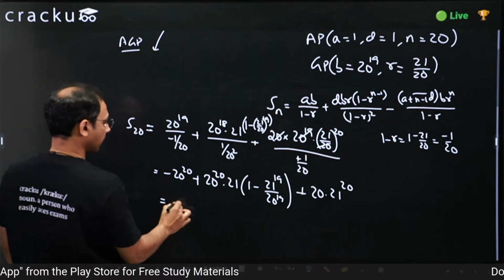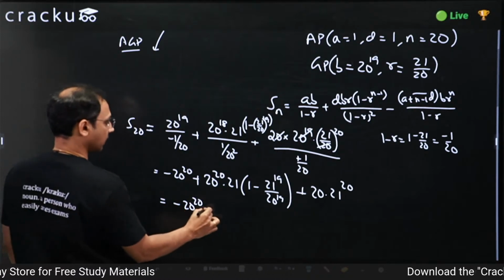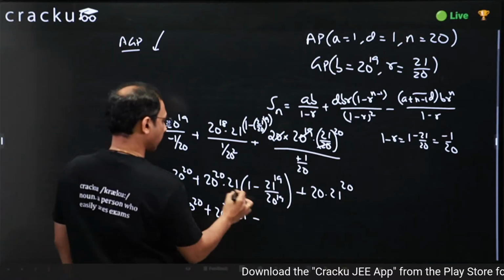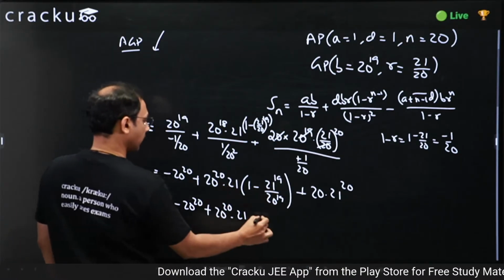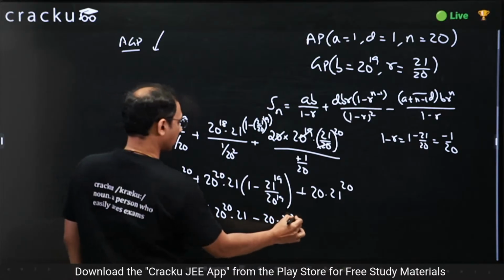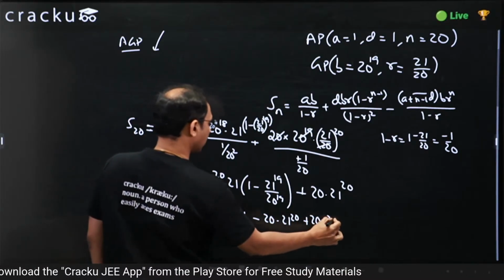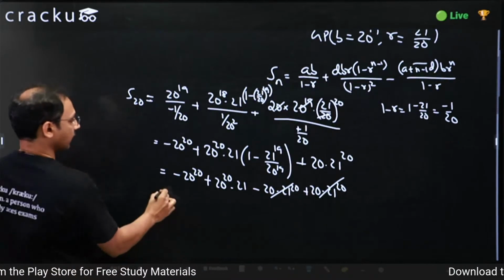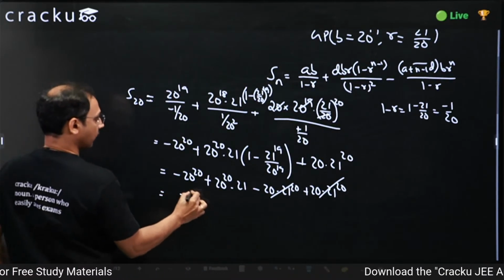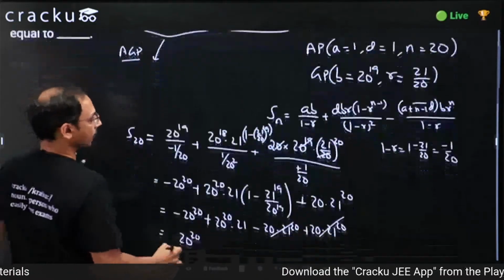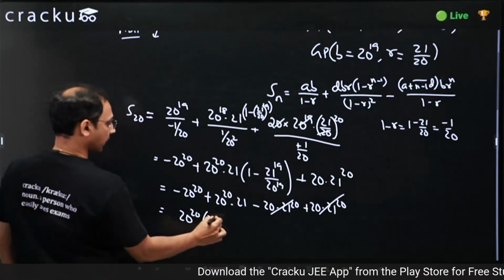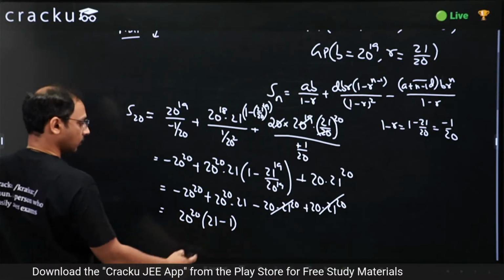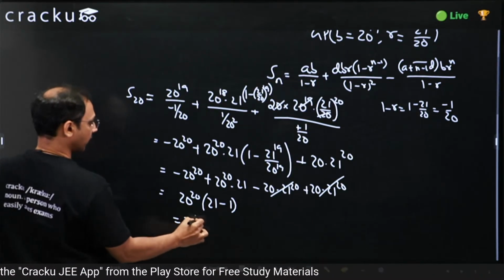So when I open it, I get minus 20 power 20 plus 20 power 20 into 21 minus here 20 into 21 power 20 plus 20 into 21 power 20. So this big number is getting cancelled off. Here if I take 20 power 20, I am getting 21 minus 1. So this is another 20, so I will get 20 power 21.